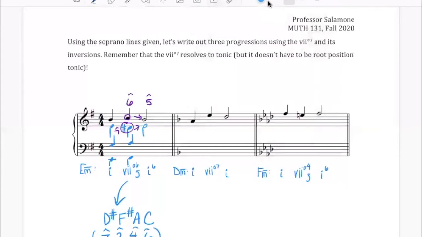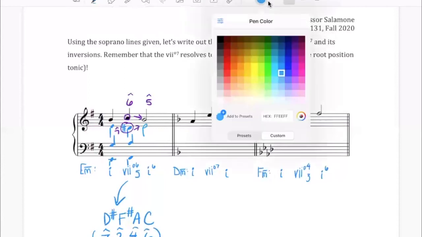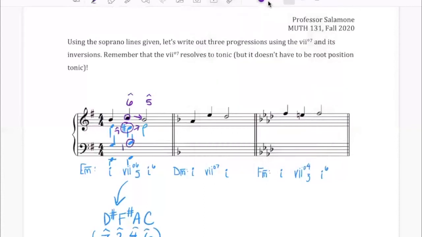So our scale degree 7 will resolve up to tonic there. And then last but not least is scale degree 4. So scale degree 4 is in our tenor. And just like in the 5/7, 4 has to resolve down to scale degree 3. And so we'll do that.